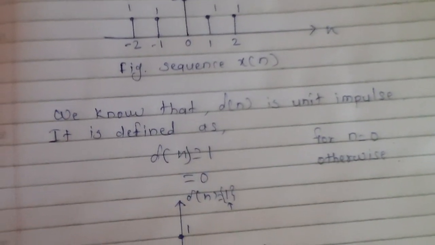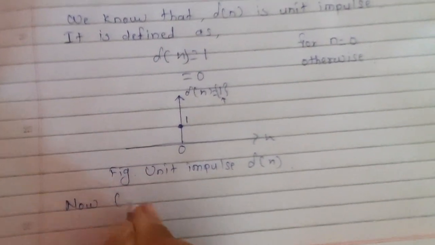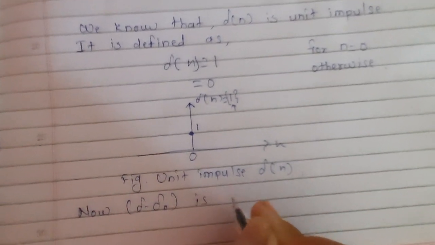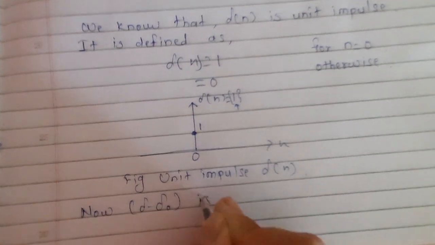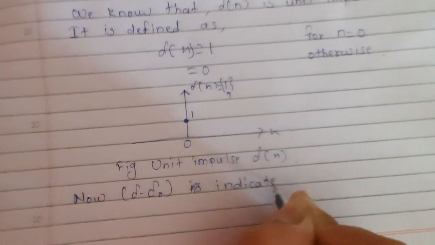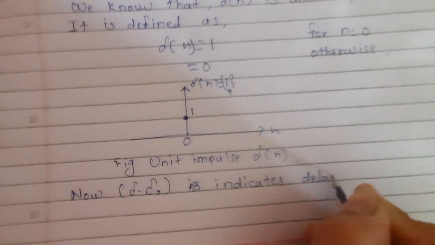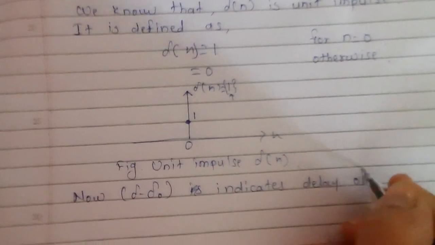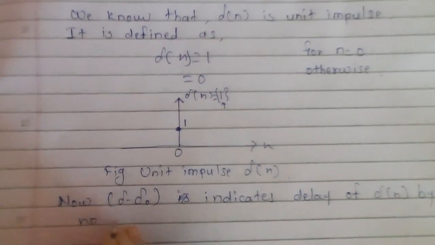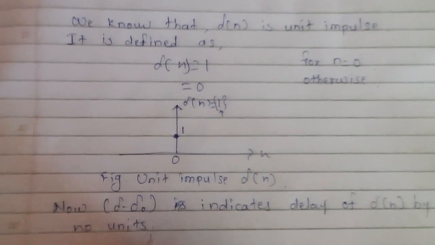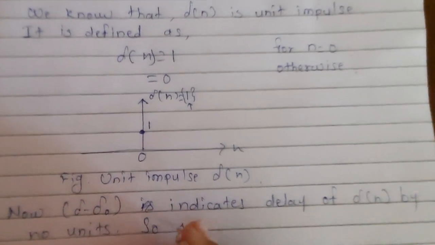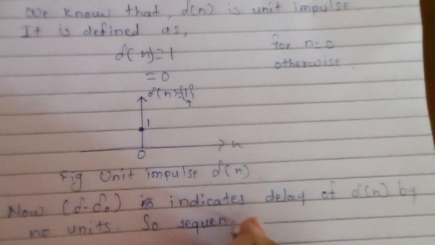Delta n minus n0, minus means it is delayed, indicates a delay of delta of n by n0 units. We don't have any value like 2, 3, 4.